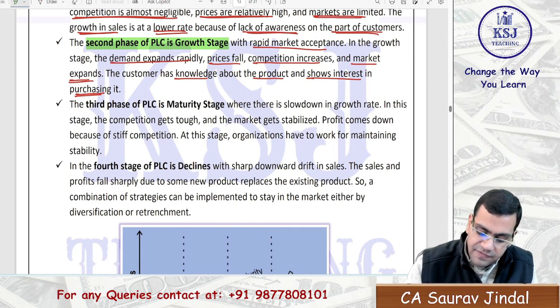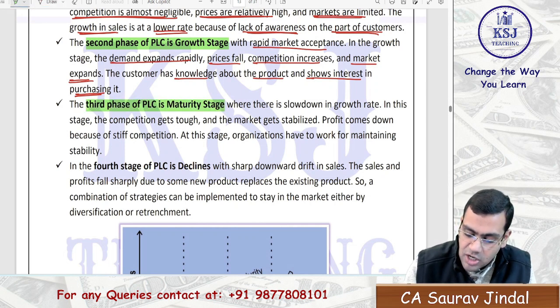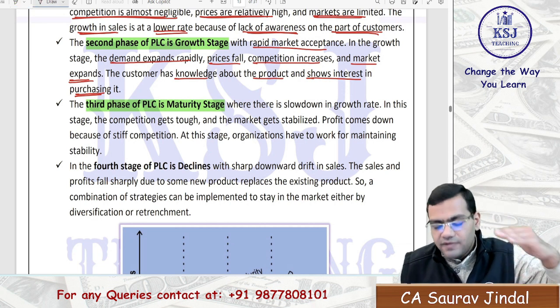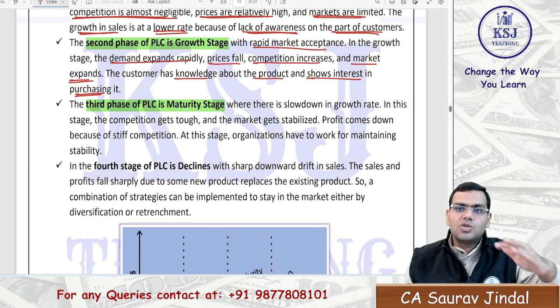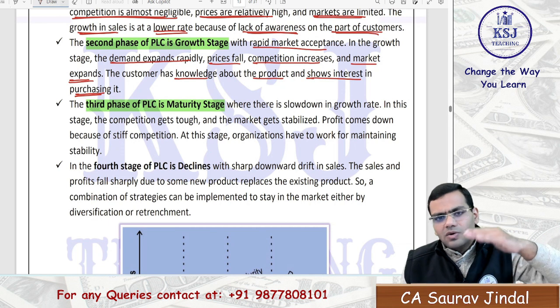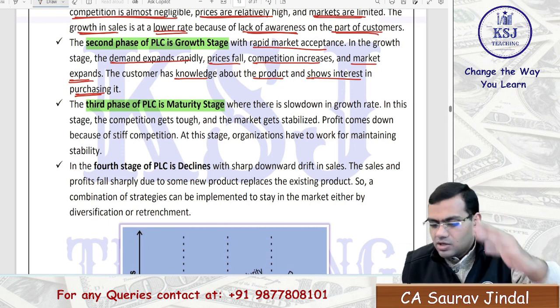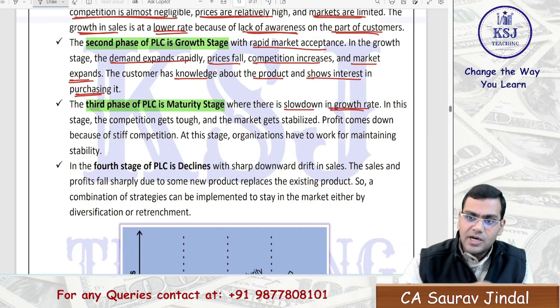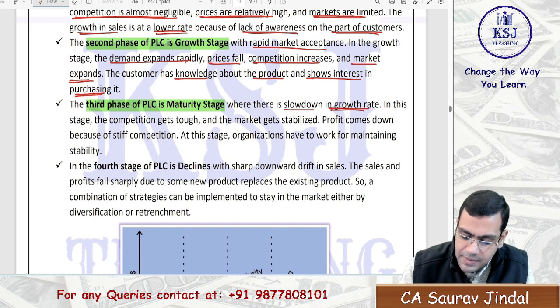So what is the third phase now? The third phase is the maturity stage. Maturity stage is the saturation level. Once you have reached the stage where you are neither growing nor on the decline, right? You are operating at one level where there is a slowdown in the growth rate. It is not an increasing growth rate. It is a slowdown in the growth rate. In this stage, the competition gets tough. The market gets stabilized.